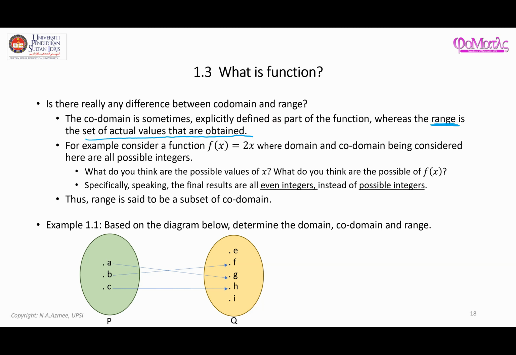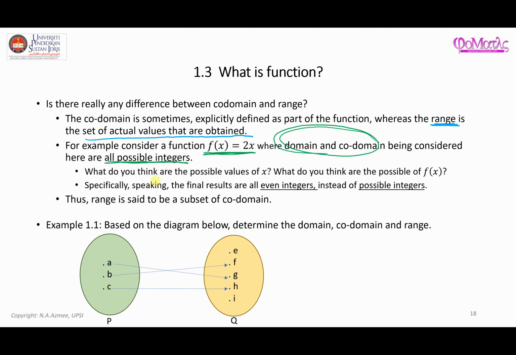For example, we can consider this function, f(x) = 2x. This is a function where the domain and codomain considered here are all possible integers. This is something that is defined in advance. The domain and codomain are all possible integers.